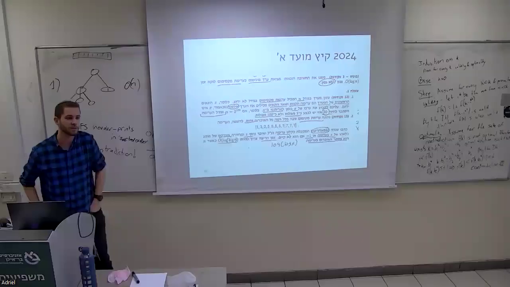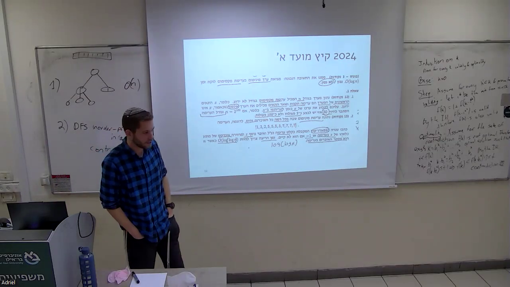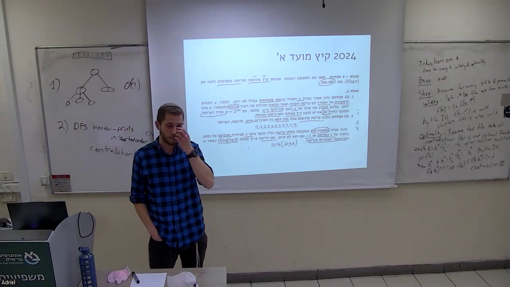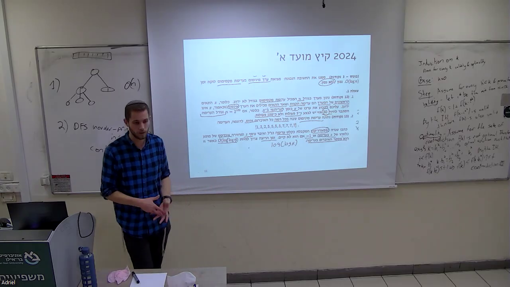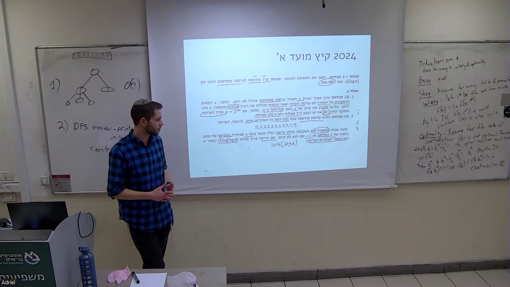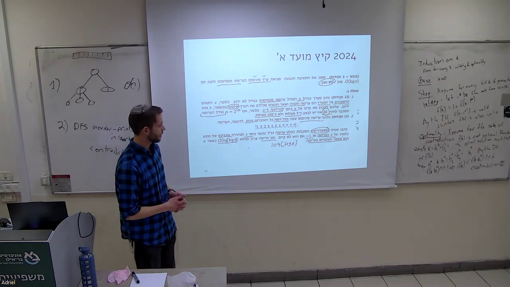Some people write on their test that if you don't want to use the solution recovery, you can do it with less space. If you want to, it's more proper to write it that way, because if they don't write that you need to do the solution recovery or the retrieval or whatever it's called, then you can do it in less space, usually.